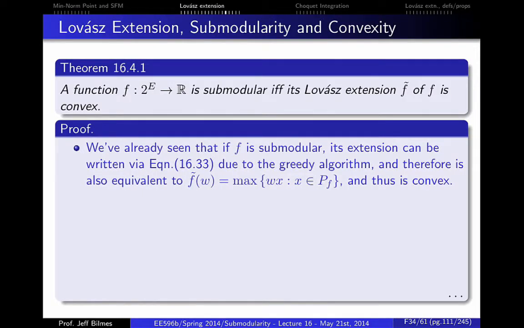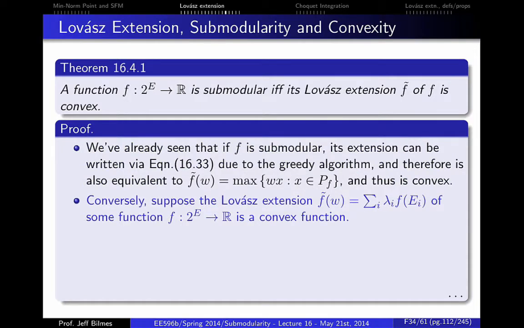Okay. So here's how we prove this. The theorem we want to state and prove in the next 5 minutes, which is a fairly nice theorem and not too hard to prove, is that a function is submodular if and only if its Lovász extension f tilde is convex. First of all, when it is submodular, this f tilde is representable as this maximization problem, which we know to be a convex function.